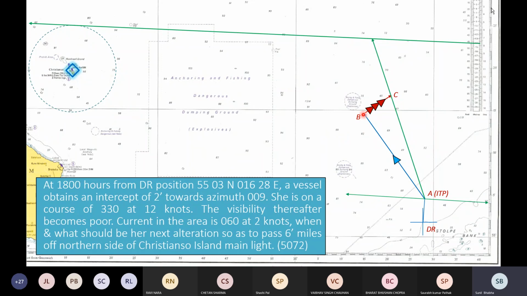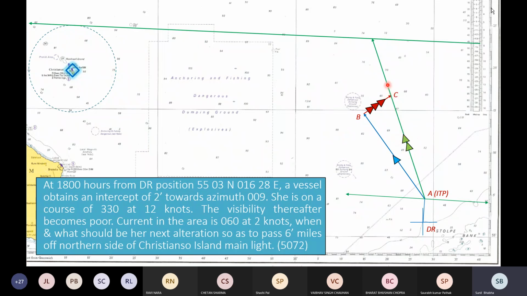Current in the area was setting me 060 at 2 knots. Bravo to Charlie, the red color vector, is my set and drift vector for the current. So Alpha to Charlie becomes my course made good vector, represented by a double arrow here.